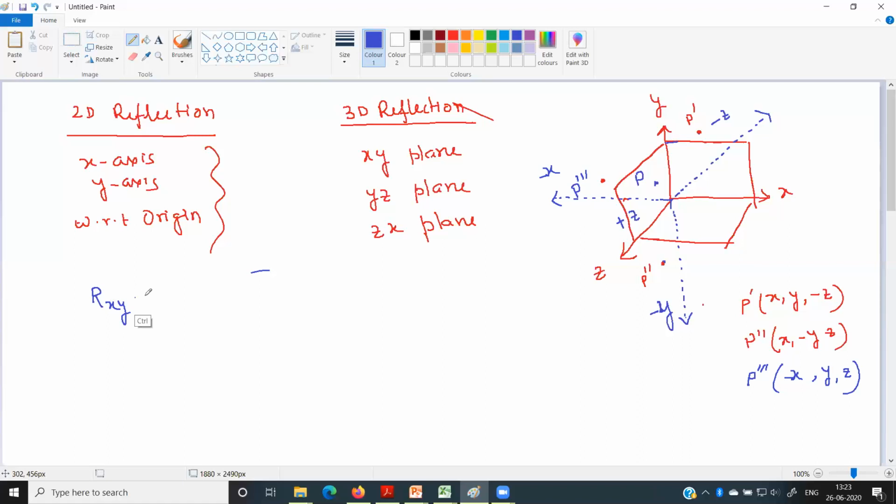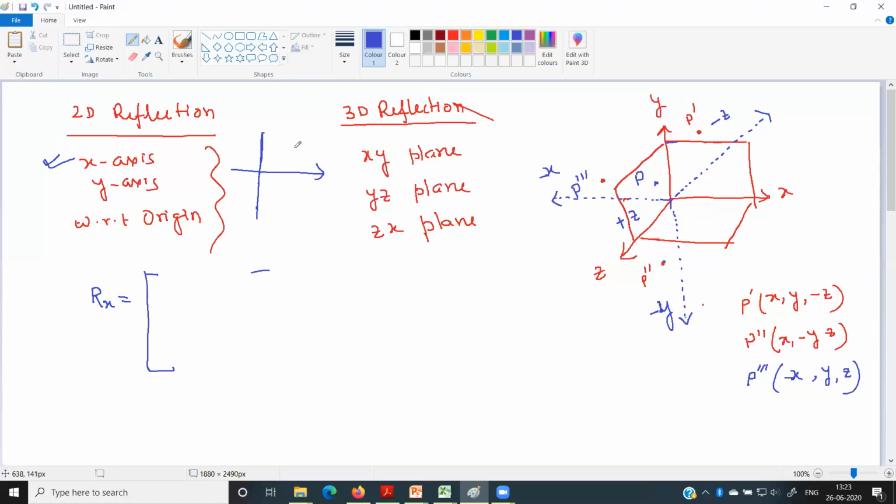Before that, I will show you what is the reflection matrix along X. So for the 2D plane, if I want to reflect along the X axis, that means the Y will be negative.